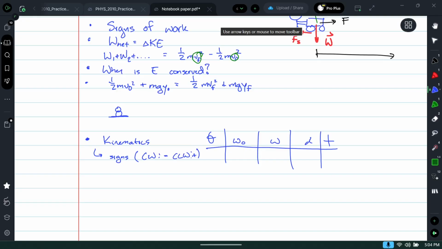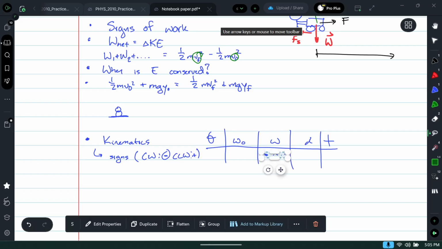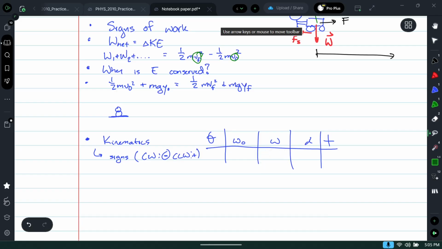And I can be sneaky. I can say there is some angular velocity of magnitude such and such number, and I won't tell you the sign, but I'll say very casually, it's rotating clockwise. And that'll mean you should have put a negative into your table right here. It's negative whatever number I said. But if you don't know the sign conventions, you won't get that. And that can actually give you a wrong answer if you don't incorporate that.